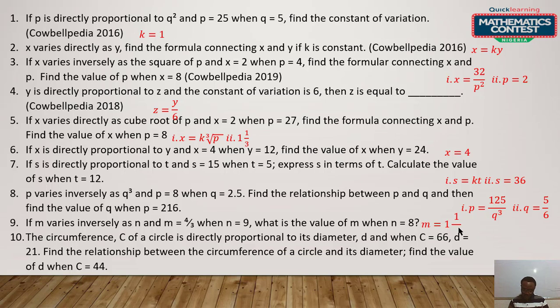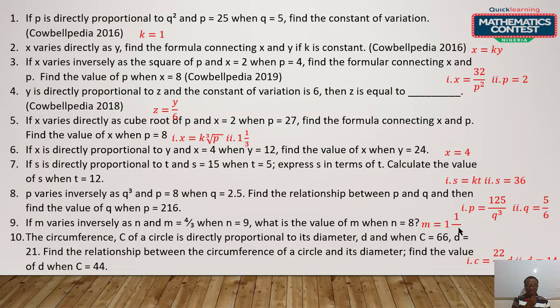Okay, 1 minute and a few seconds to go. Few seconds remaining. Okay, time is up. Now let's see it together.